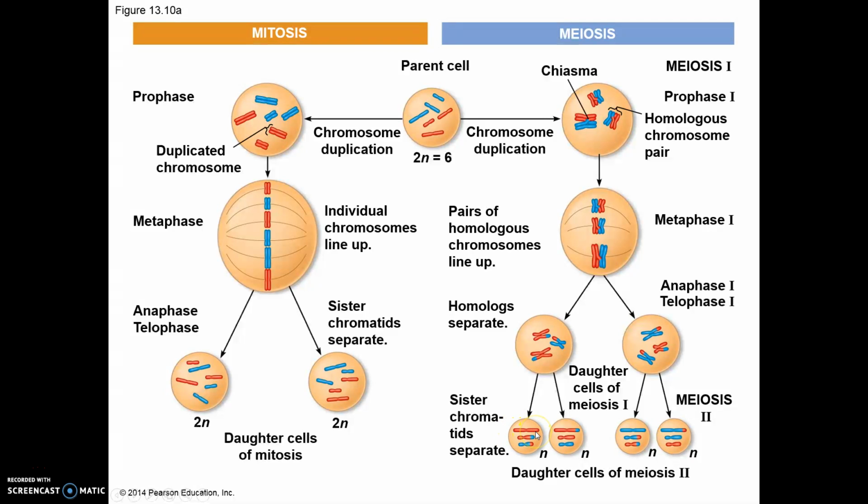This has chromosome 1 from mom. It has chromosome 2 that is mostly mom with a little dad, and a chromosome 3 that is mostly dad with a little mom. This one, chromosome 1 is mostly mom with a little dad, chromosome 2 is all mom, and chromosome 3 is all dad. And you can see all the different combinations we can get here.